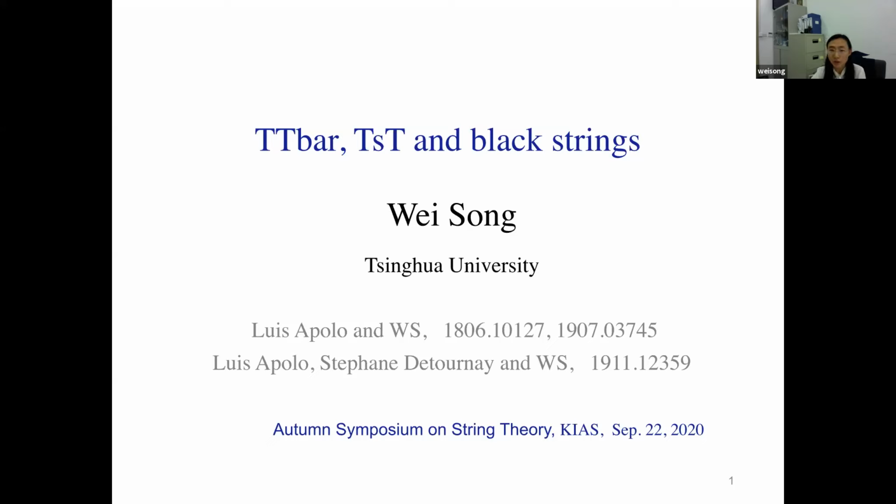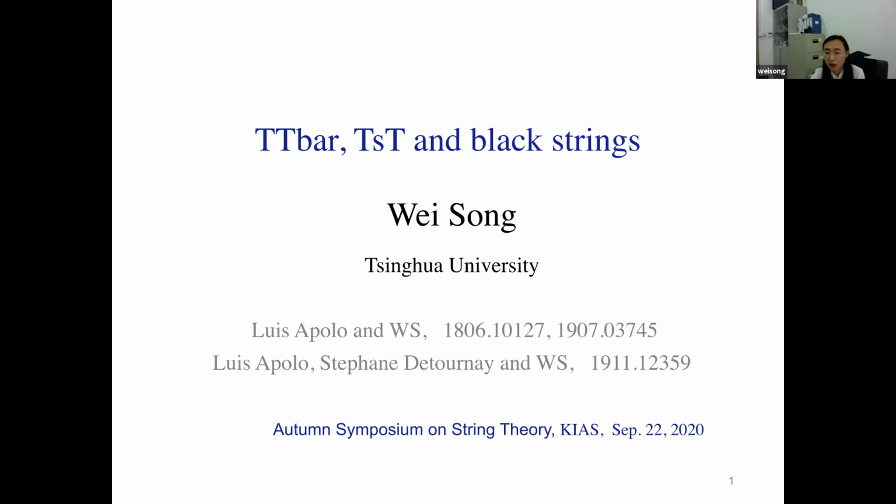So what are we going to do from these three descriptions? And how can we get a model of non-AdS holography from that? Well, from the CFT perspective, we will be doing the so-called TTbar deformation, which is an irrelevant deformation.